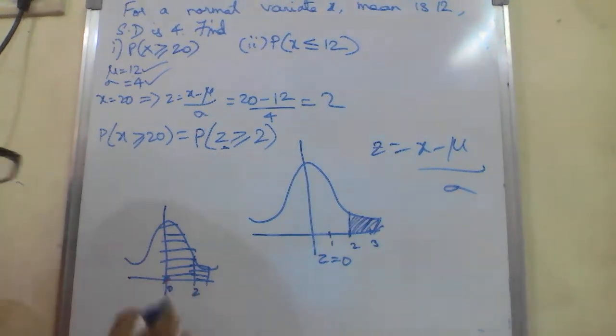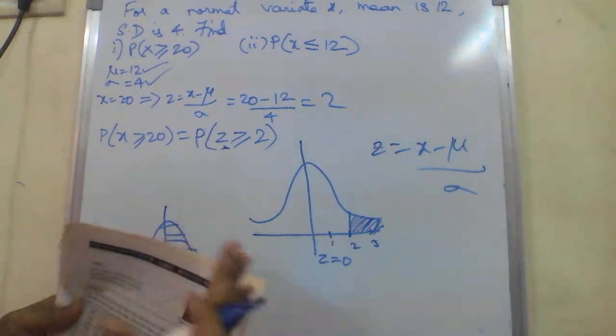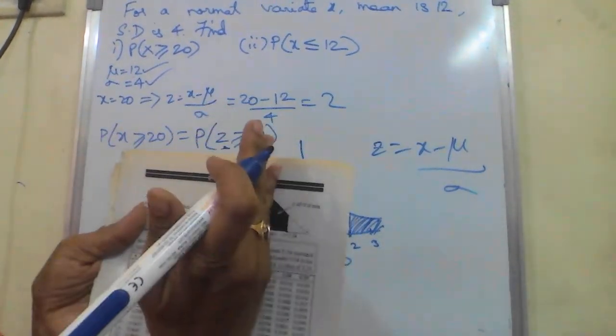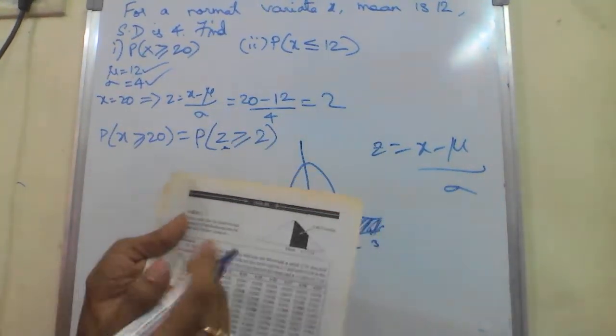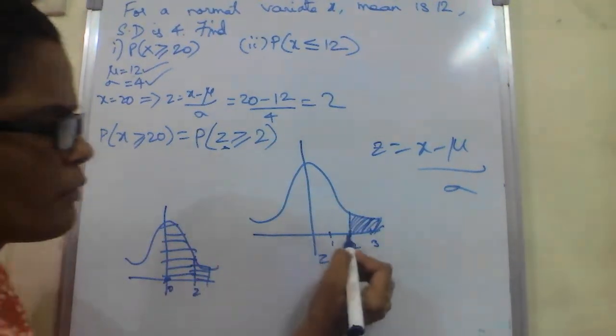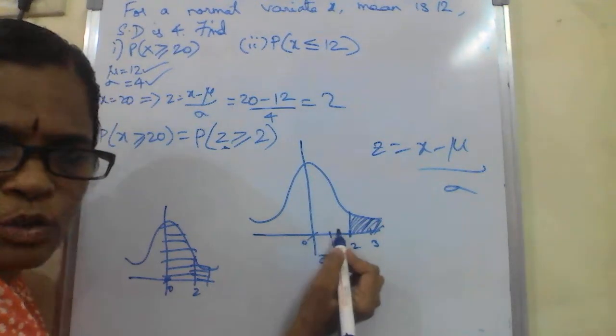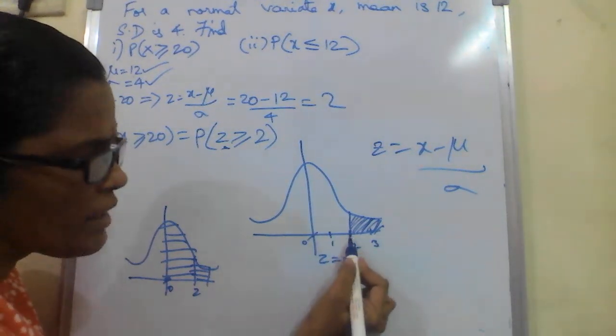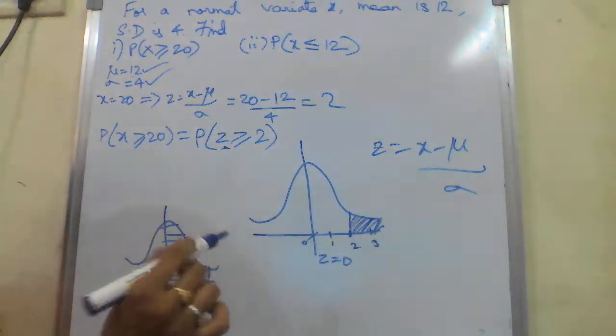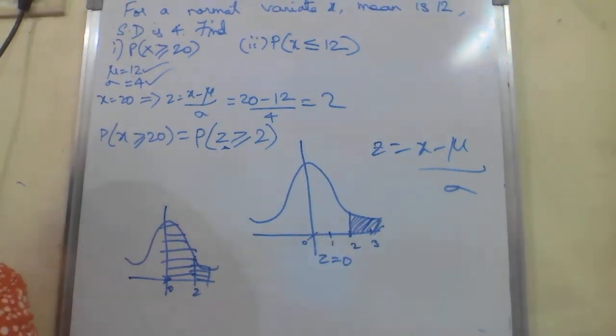So what I can get is the value from 0 to 2, or 0 to 1, or 0 to 3. So what I do here is use the idea that the total area under the curve is 1.